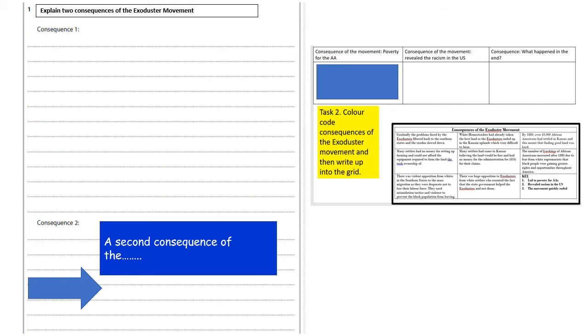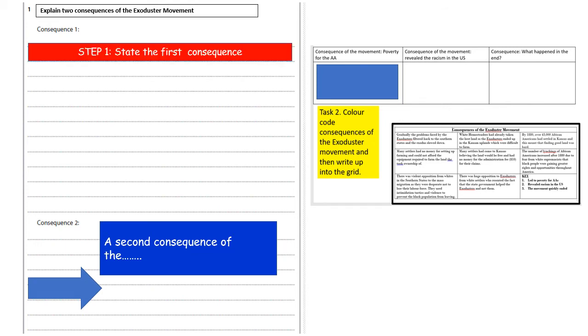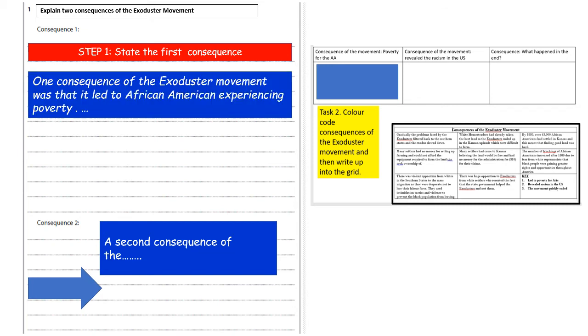That is, they faced poverty, they faced racism, and obviously there was a narrative of what happened to them at the end. So in this question, explain 2 consequences of the Exoduster movement, you've got to follow stages. So step 1, you need to state the first consequence. The most obvious consequence we can begin with is that of poverty.